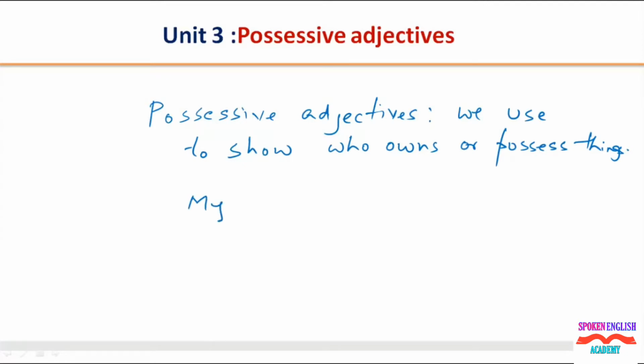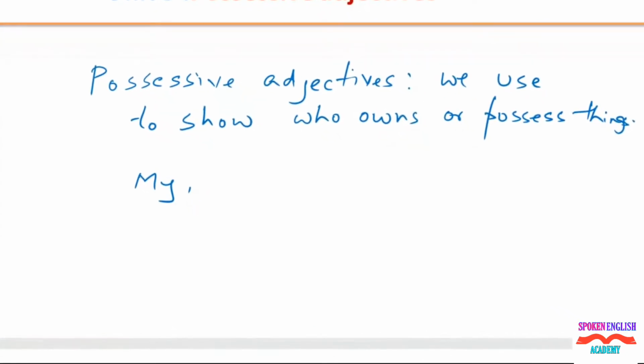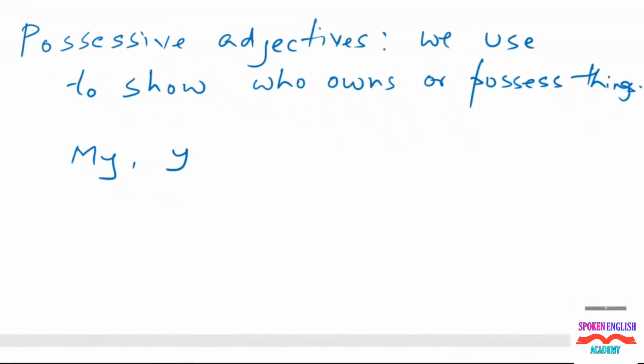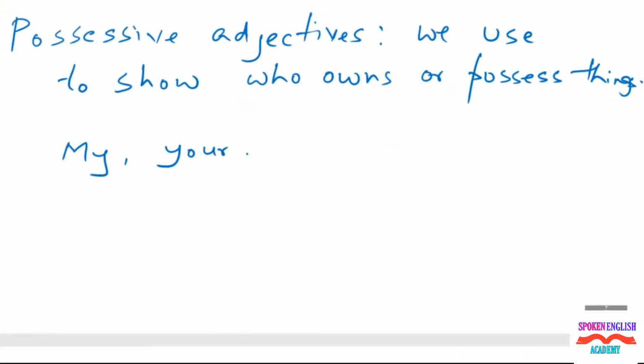So these are the following examples of possessive adjectives: my, your, his, her, its. Okay, remember, I have used its in possessive adjectives. We don't use the apostrophe with it.